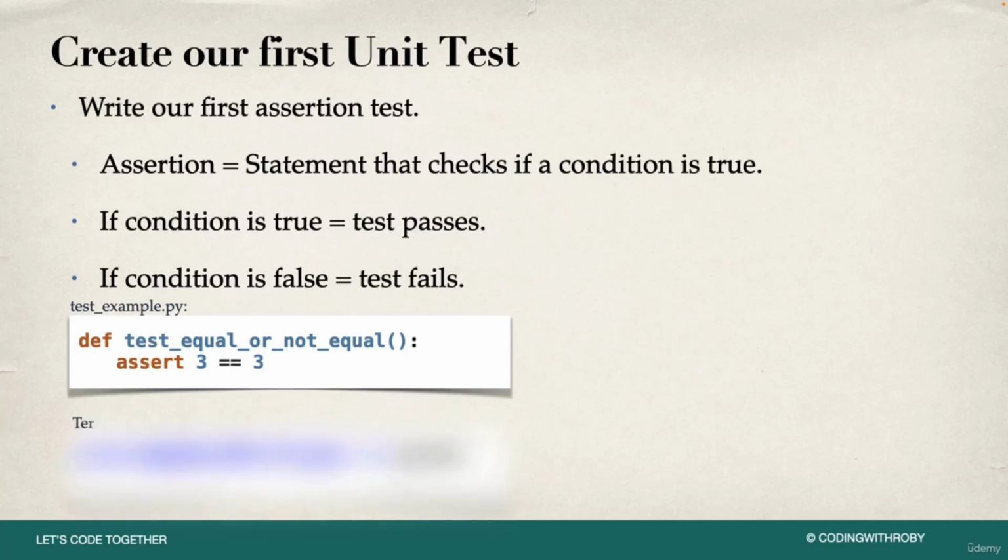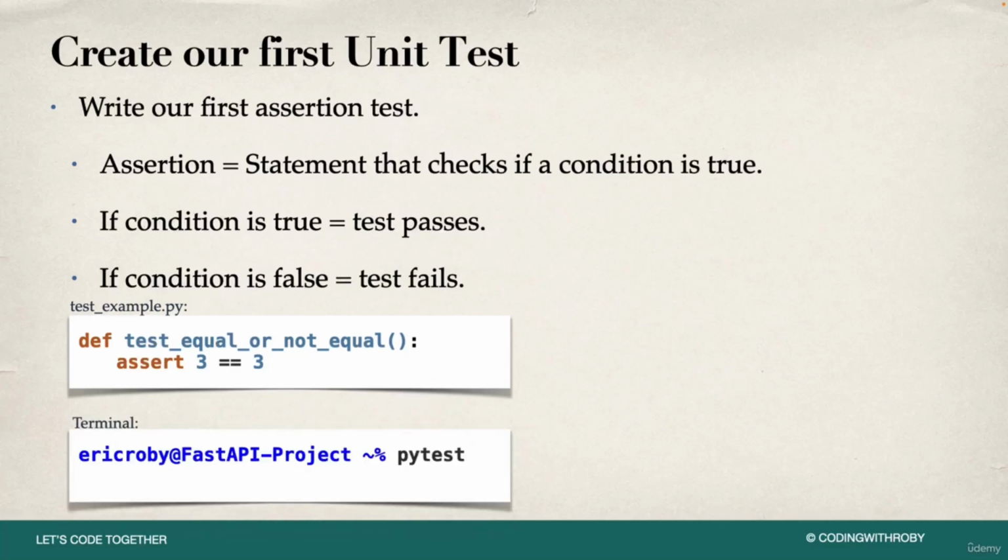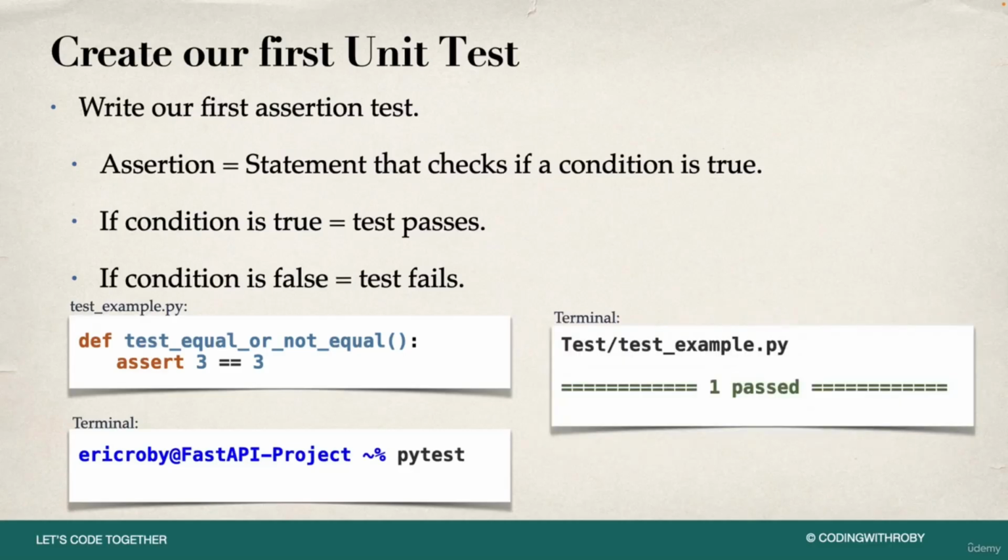Then inside our terminal, we can simply type pytest, because it's going to find our test directory, our test_example.py file, and then our test_equal_or_not_equal function, where it's going to return everything passed. And that's because 3 does in fact equal 3.